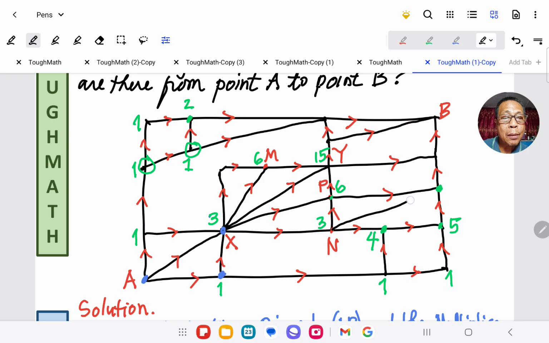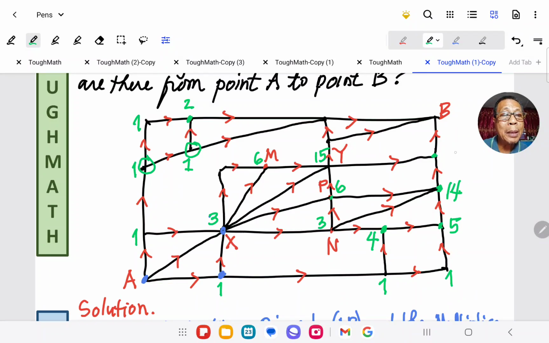So this point here must be labeled 6 plus 3 plus 5. This must be 14.